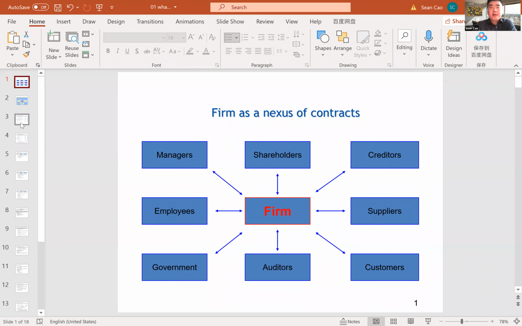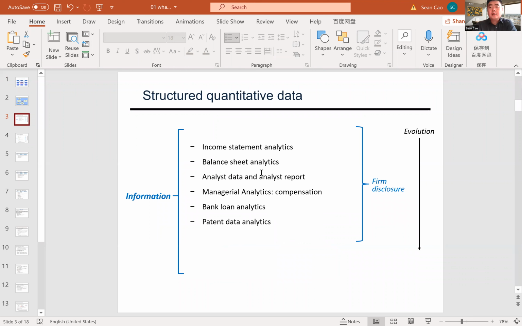In that case, creditors care about the balance sheet more than the income statement, because the balance sheet provides more information about the firm's ability to pay future cash flow. The balance sheet contains more information about future cash flow than the income statement.